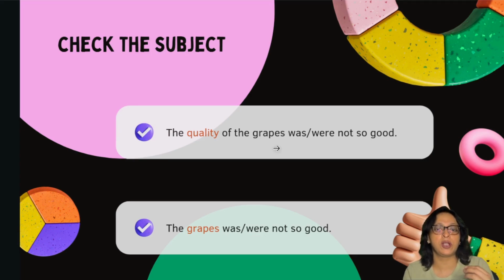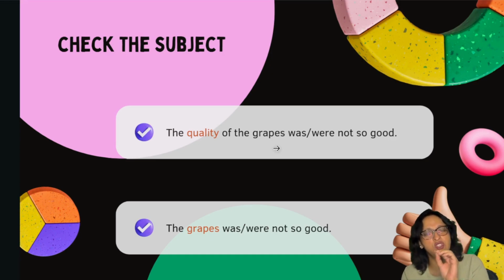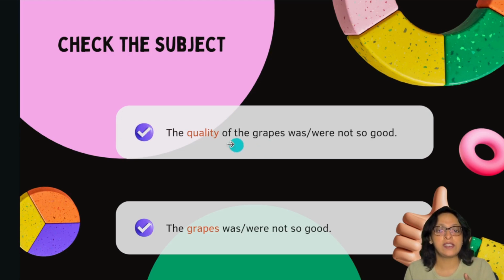If we had spoken about the color of the grapes, then the color, the quality, and the grapes in general are different. So in this case, quality is the subject because the focus word is quality, not the grapes. We are talking about the quality. Or if this sentence had been the color of the grapes, then what would be the verb?